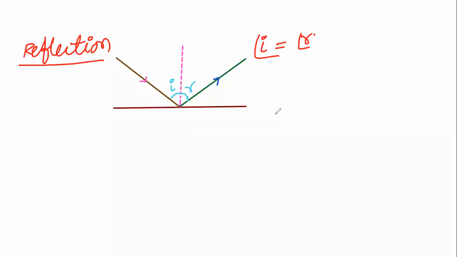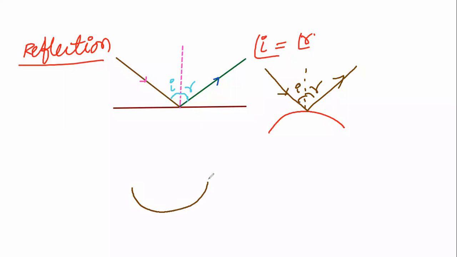Next, this is valid for all reflecting surfaces. Let us suppose this is a convex surface. On the convex surface also, the light ray is incident, and this is the reflected ray. This is the angle of incidence, this is the angle of reflection.